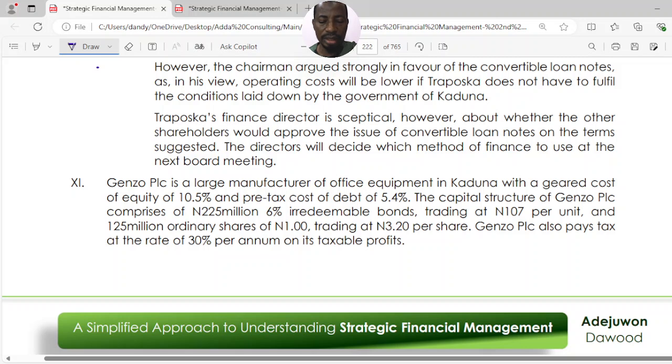Genzo PLC is a large manufacturer of office equipment in Kaduna with a geared cost of equity of 10.5% and pre-tax cost of debt of 5.4%.